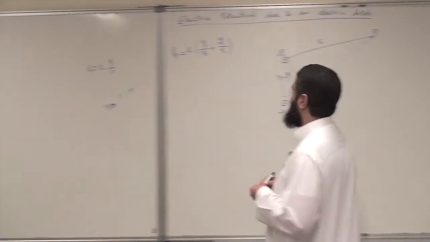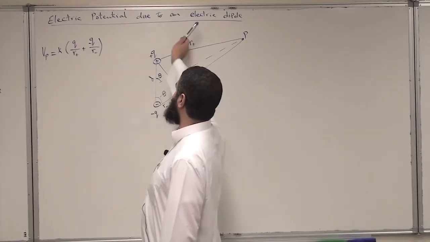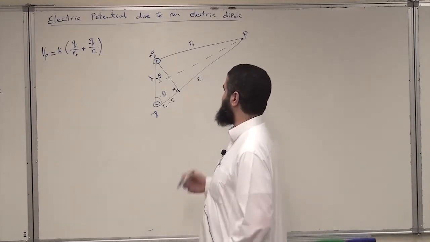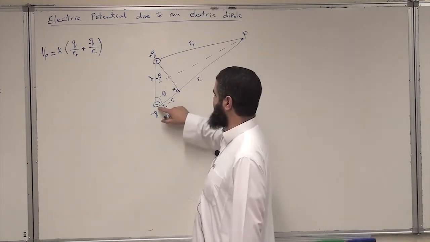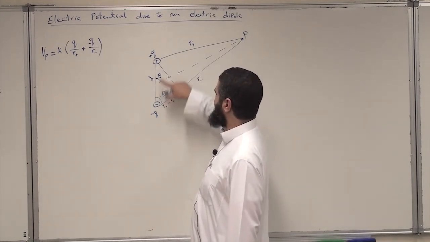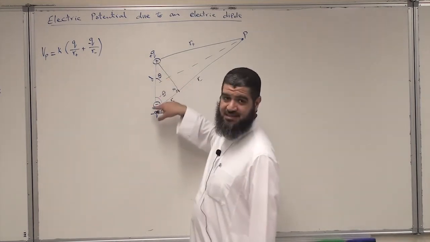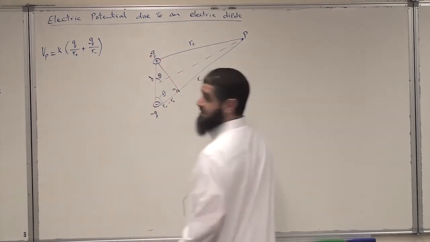Now, what I'll be discussing in the next few minutes is the electric potential due to an electric dipole. You remember from previous videos what is meant by an electric dipole. An electric dipole is a negative charge and an equivalent positive charge separated by a small distance d. This forms what we call the electric dipole.